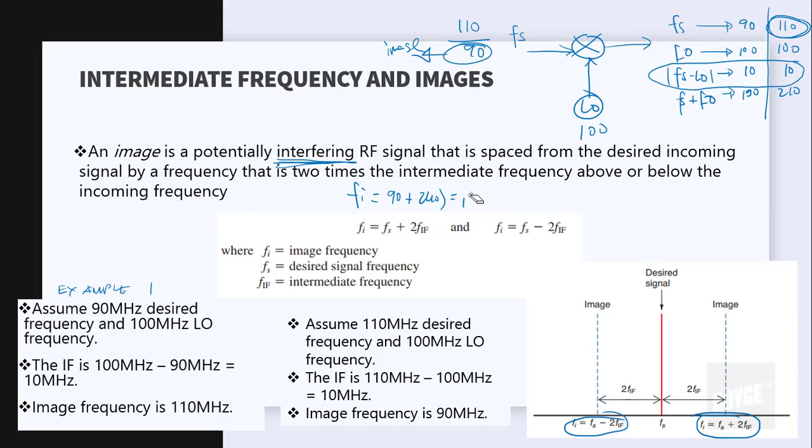This will be 110. Yung ating image. Ito yun. Mas mataas yung image. Kung mas mababa naman, that would be 110 minus 2 times 10 megahertz. This will give us 90 na image frequency.